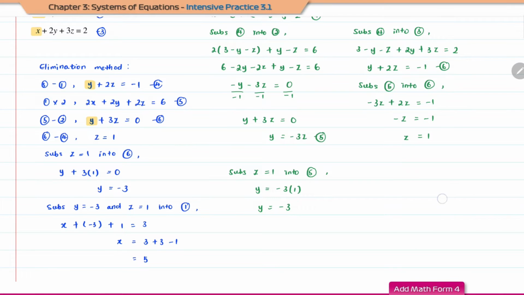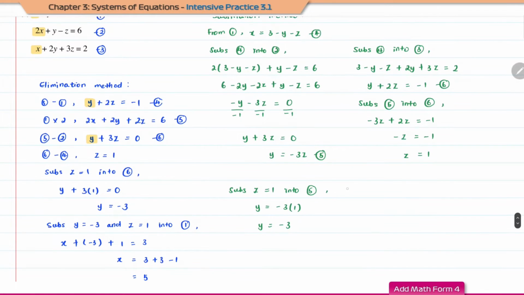So next, I'm going to substitute y equal to negative 3 and z equal to 1 into equation number 4 in order to find the value of x. So here you're going to have 3 plus 3, which is 6, minus 1. So x is equal to 5.